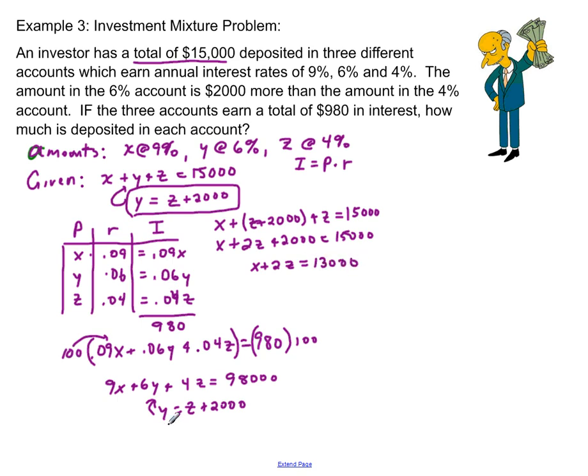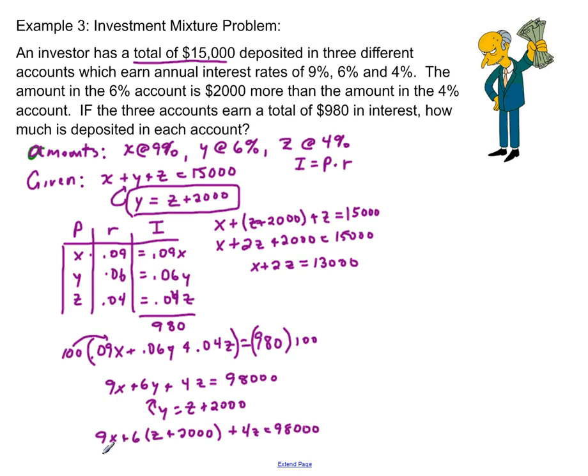All right. Now I'm going to have to do the same thing here with my second equation. So I'm actually going to have 9x plus 6 times, in this case, z plus 2,000 plus 4 times z equals 980,000.